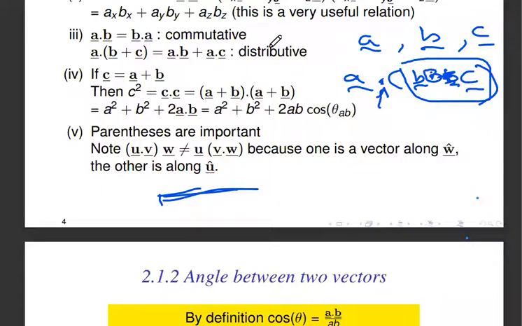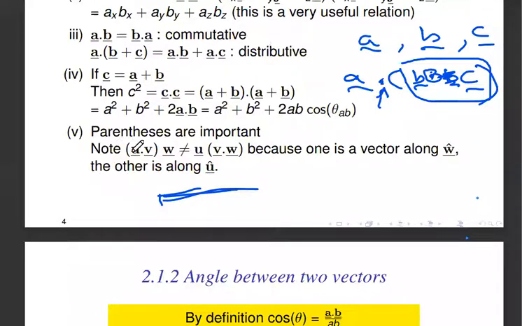Can you please explain that if the angle between A and B is not given, how can we define A dot B? Sir, can we write it as magnitude of U, magnitude of V, cos theta times W?